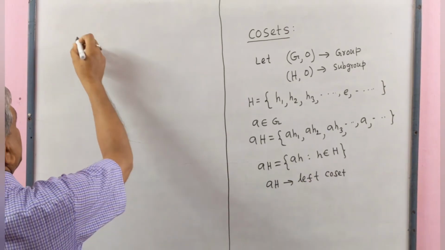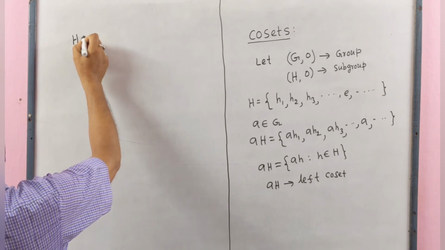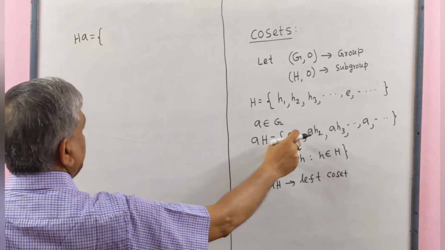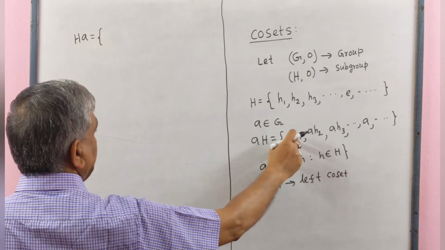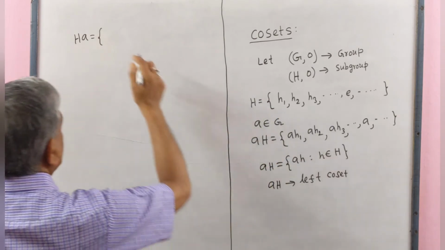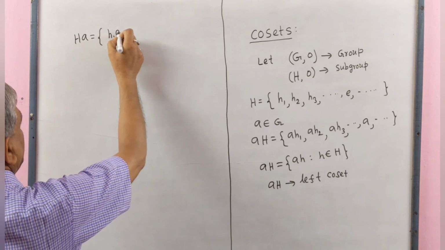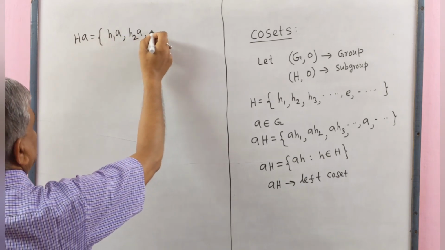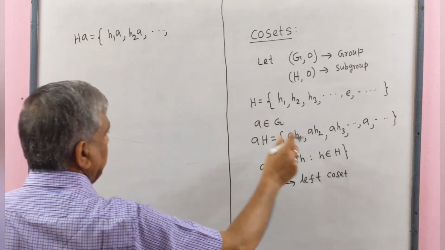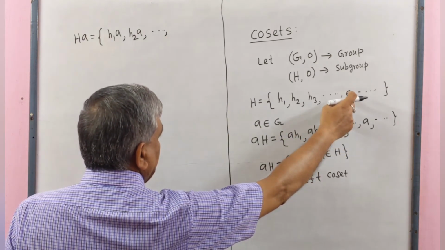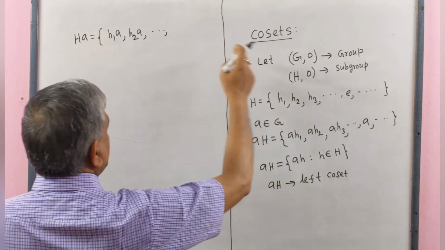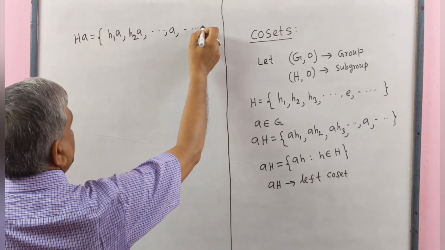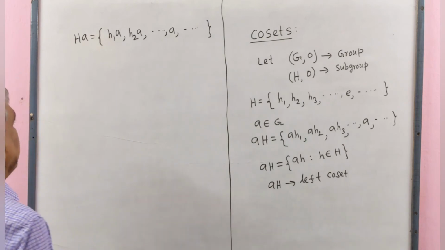We write HA equal to, here we take operation A on the right side, H1A, H2A, and here E operation A is A, and so on.